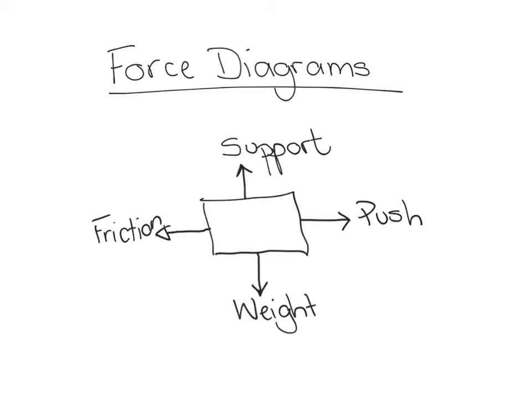So these are our four main principal forces that you need to be concerned with. Weight moving downwards towards the centre of the earth, support force that is stopping it falling through whatever it's sitting on, the push force, which is the one that you apply, and then there's the frictional forces that go against that force that you've applied.